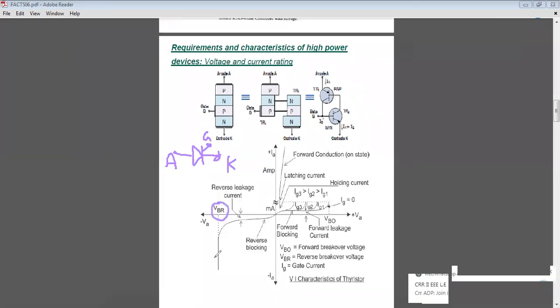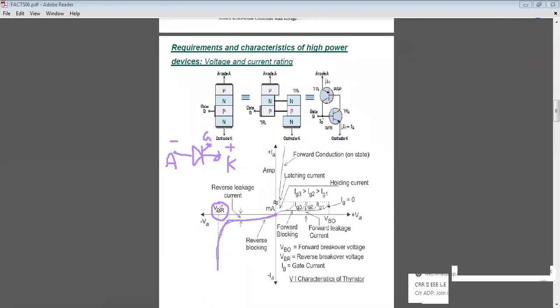Actually, in the reverse direction current won't flow, but leakage current will be flowing. That is reverse blocking, meaning when anode is connected negative and cathode is connected positive, it is said to be reverse biased. During the reverse biased condition, current flow is very small, that is the leakage current, but at a particular point it is breakdown. That means it comes to the conduction state even in the reverse direction, and it will get damaged.